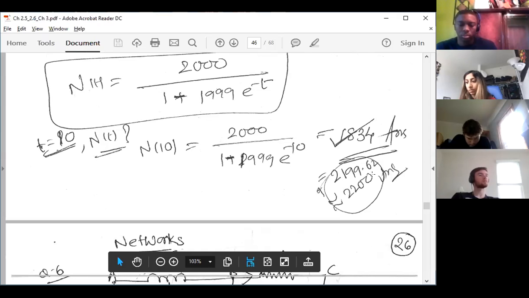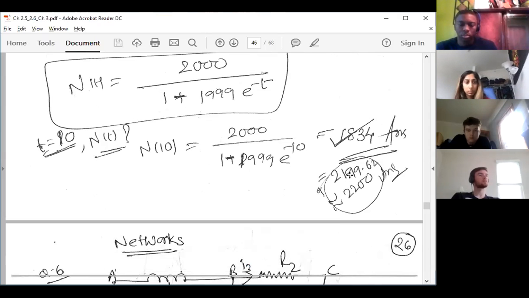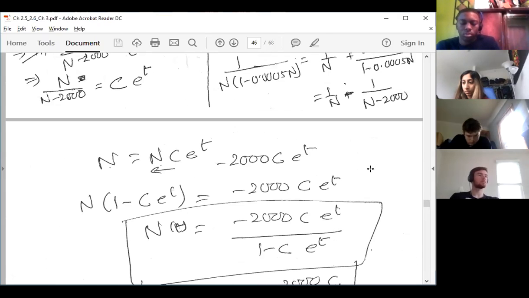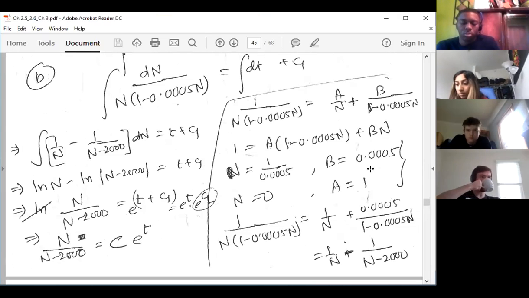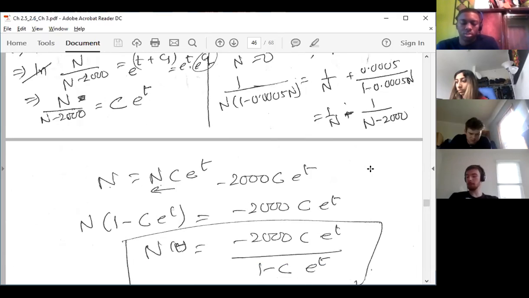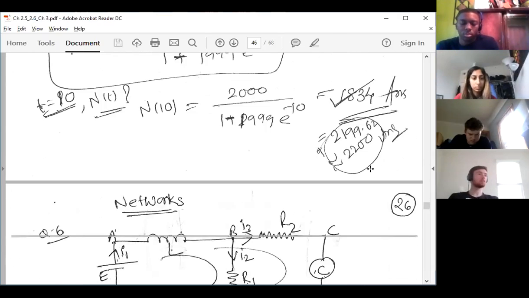Don't say 21,999.62, because again, it is counted in positive integers. So you have to give the answer which makes sense related to the given problem. So please be careful.